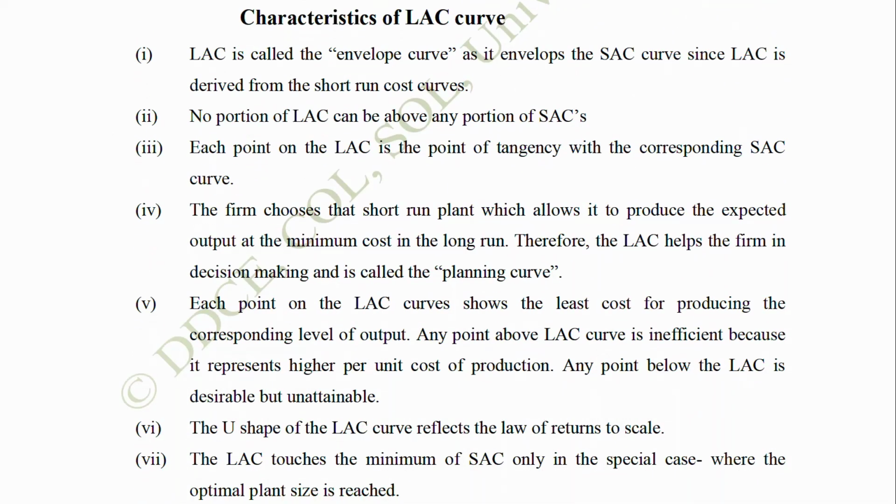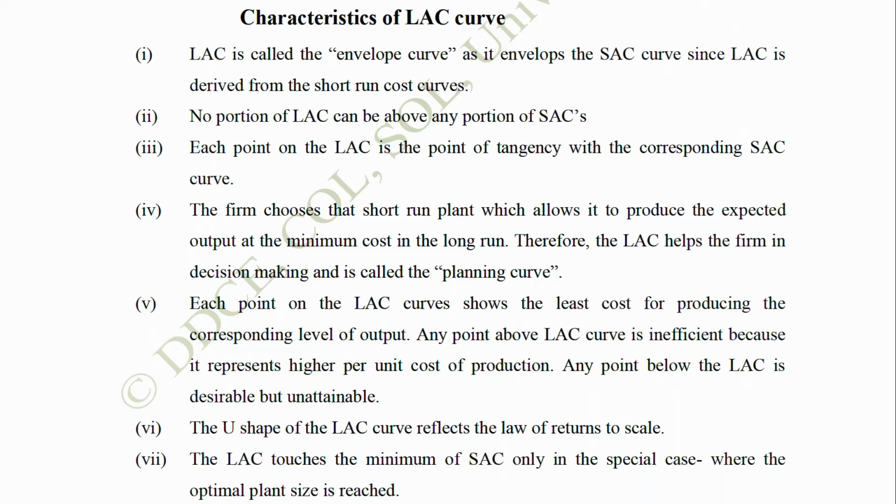Characteristics of a long-run average cost curve. Point number 1. Long-run average cost is called the envelope curve, as it envelopes the short-run average cost curves, since the long-run average cost curve is derived from the short-run cost curves. Point number 2. No portion of long-run average cost can be above any portion of short-run average cost curves.